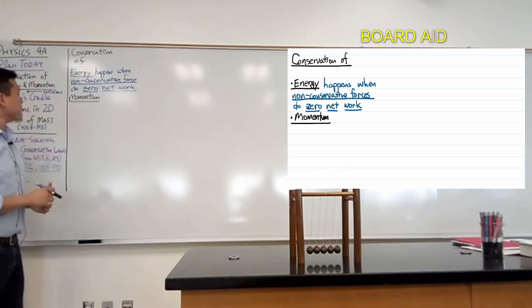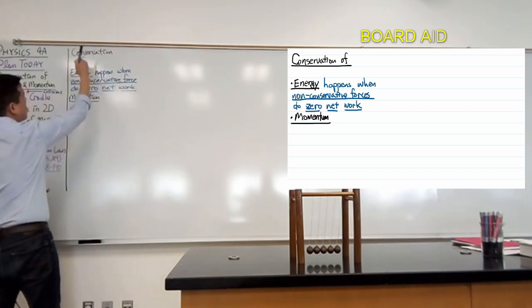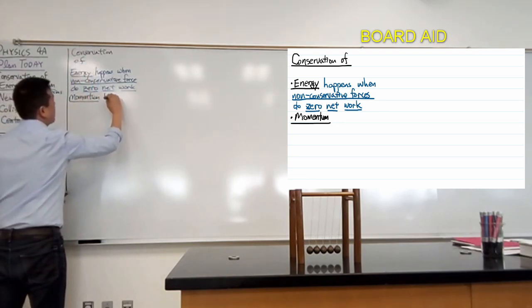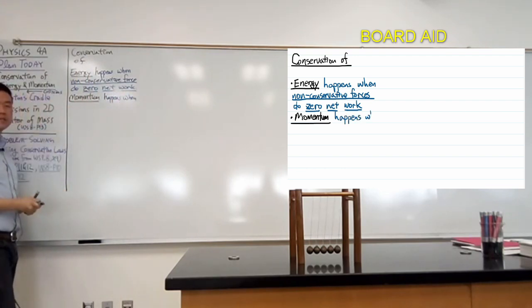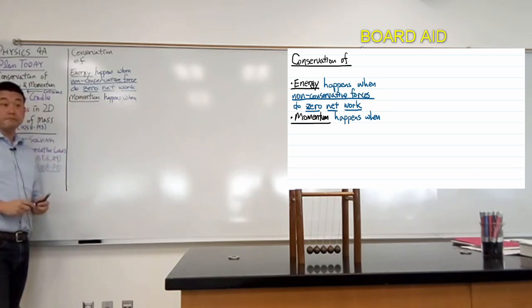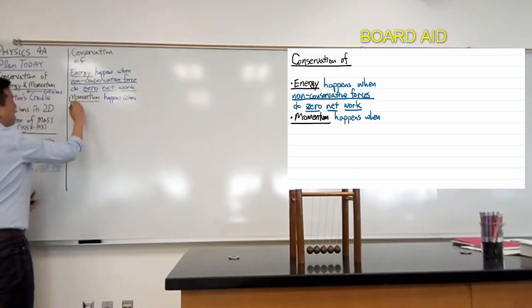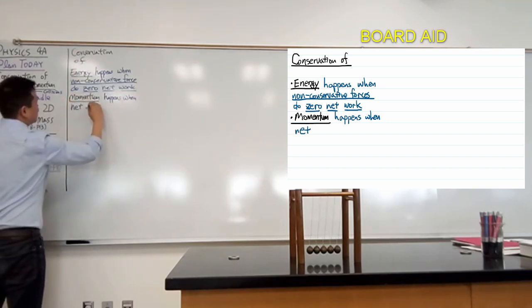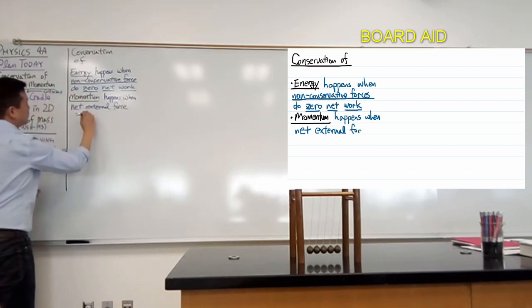With the momentum, this is what we said last time, so I'll write that down for now, but I want to refine it a little bit later. So conservation of momentum happens when... what was the type of force that we worried about when it came down to conservation of momentum? External forces. So conservation of momentum happens when net external force is equal to 0.